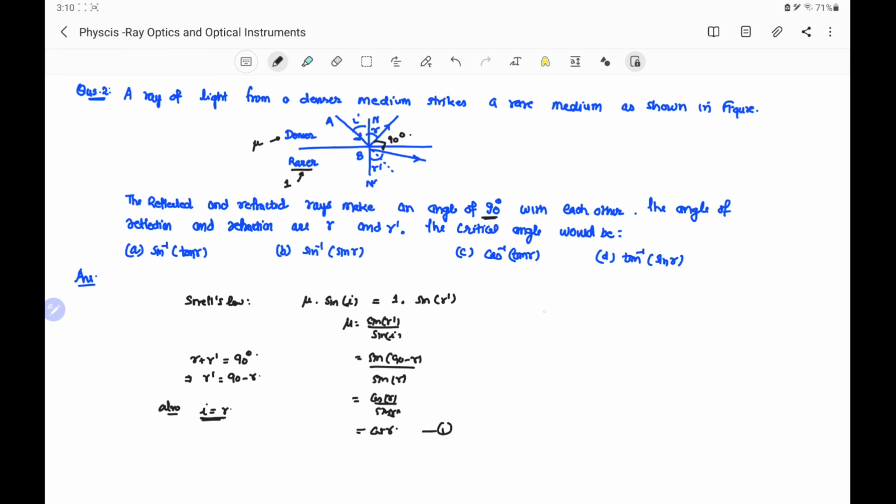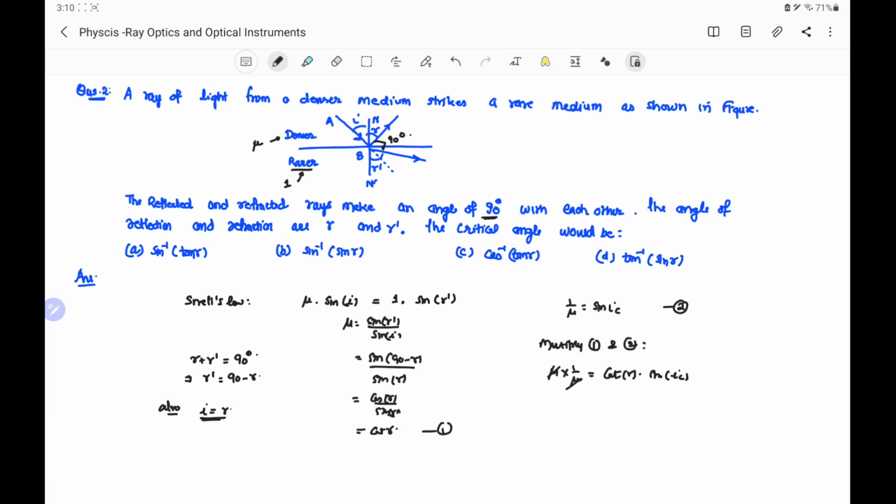Using the relation between the refractive index and the critical angle, 1 by mu equal to sine IC, we can say it is equation number 2. Now we use equations 1 and 2, that is, multiply 1 and 2. We will have mu into 1 by mu on the left-hand side and cot R into sine IC on the right-hand side.